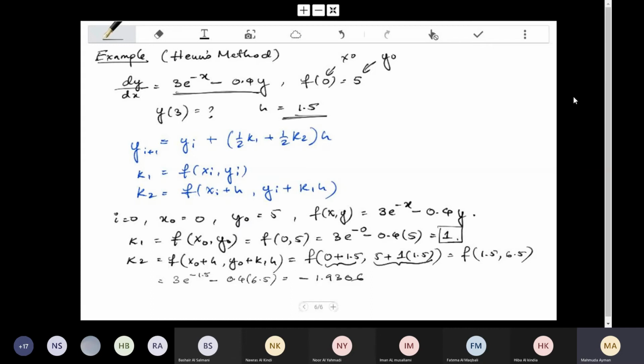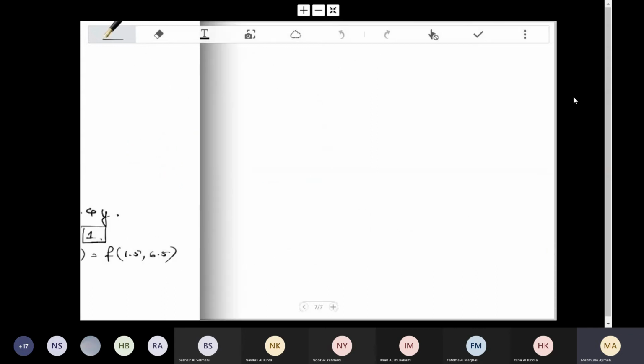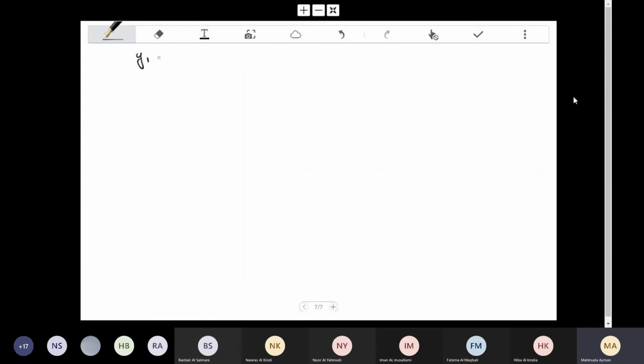Okay, so we got k1, we got k2, and now we have to find y i plus 1, which is y1. So y1 is equal to y0 plus half times k1 plus 1/2 times k2, times h.